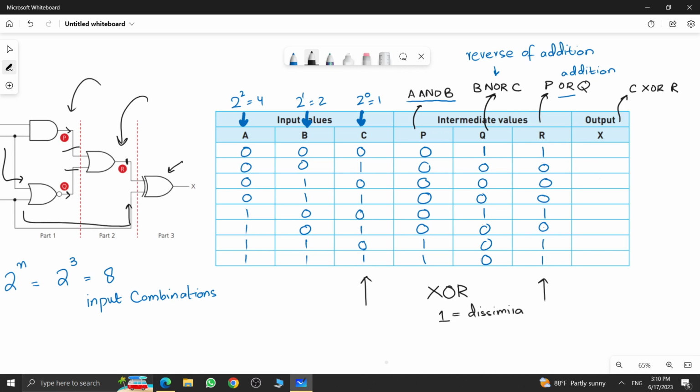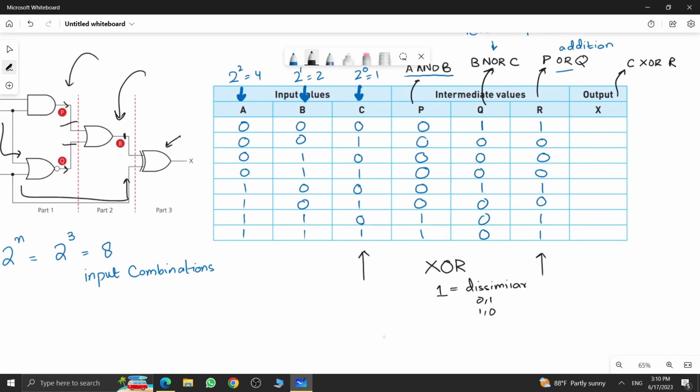Dissimilar input means that if the inputs are 0, 1 or 1, 0, then you will have 1 output. And if you have similar values, 0 output will only be written when both the input values are similar. Similar means that if both the values are 1, 1 or 0, 0.